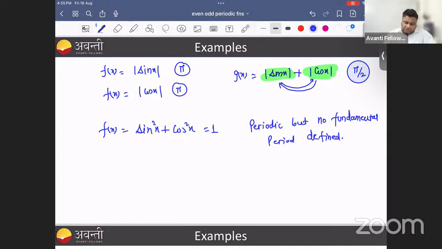Basically, every constant function, like f(x) equals 2 or f(x) equals 1, is periodic, but its fundamental period is not defined because we cannot find the length of that frame which I taught you in the beginning of this periodic function. Got it?